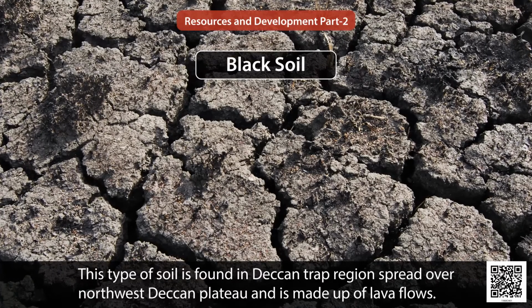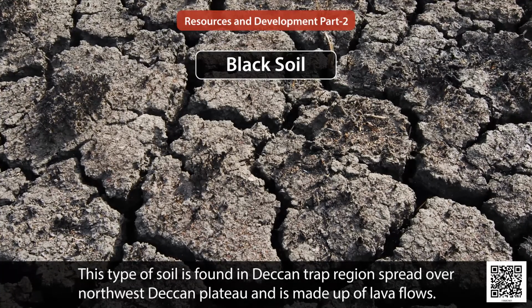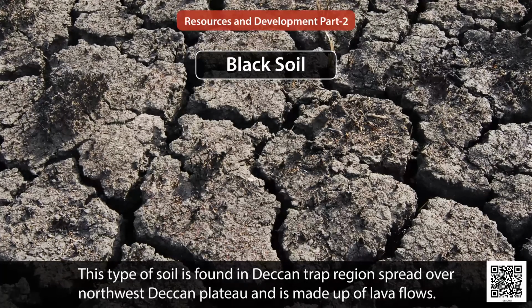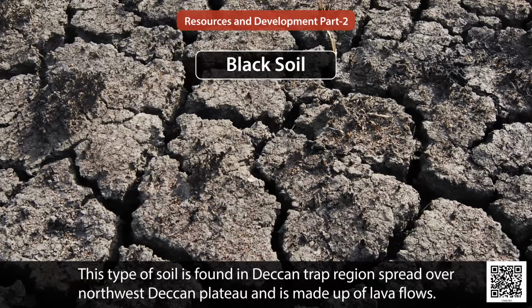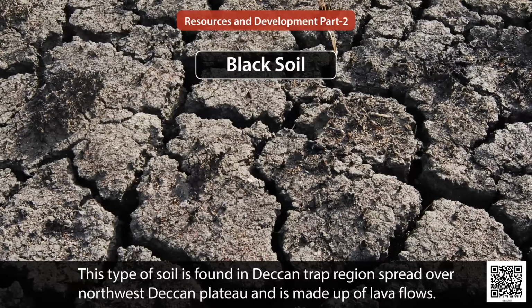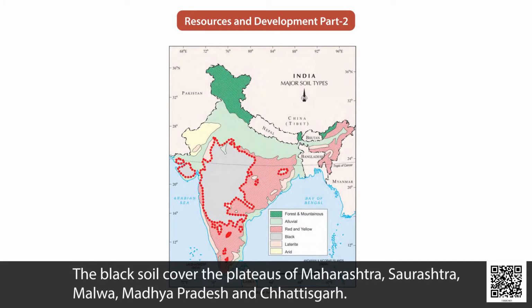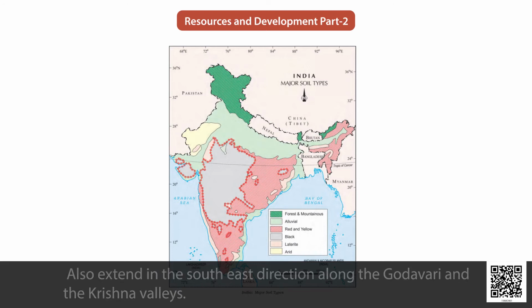This type of soil is found in the Deccan Trap region, spread over the northwest Deccan Plateau, and is made up of lava flows. The black soil covers the plateaus of Maharashtra, Saurashtra, Malwa, Madhya Pradesh and Chhattisgarh and also extends in the southeast direction along the Godavari and the Krishna valleys.